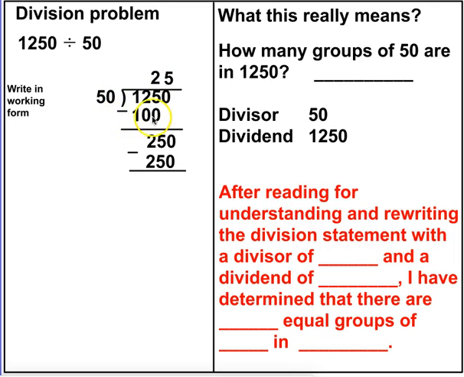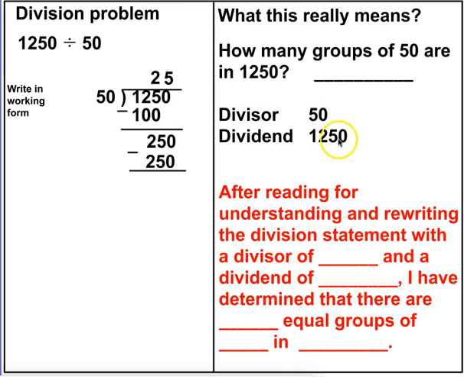Multiply back, subtract, bring down. And I have 25, I bring down the 0. 50 goes into 250 5 times. Multiply back. 5 times 50 is 250. Subtract, and there's nothing left.